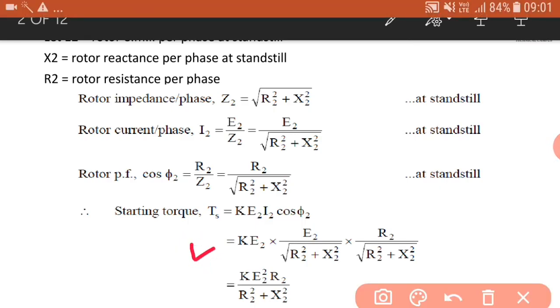Ts is equal to K into E2 upon under root R2 square plus X2 square, into R2 upon under root R2 square plus X2 square. Multiplying these two under roots we get K into E2 square into R2 upon R2 square plus X2 square.